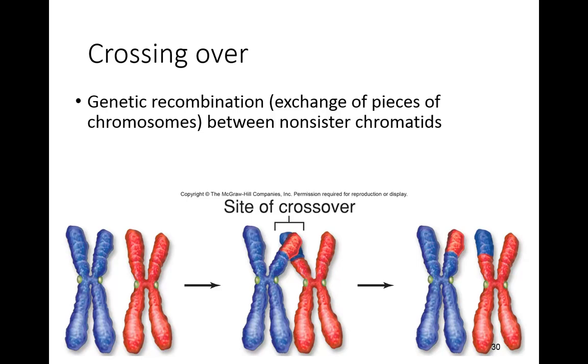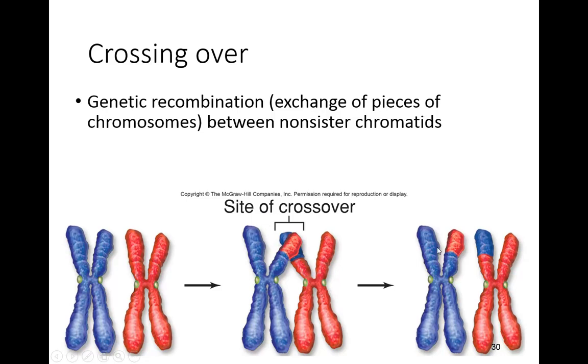There are 2 processes that lead to genetic diversity. One of them is called crossing over, and that's where you have a duplicated chromosome. One, say the blue one's from the mother and this red one's from the father. Parts of the chromosomes will swap, and that's called crossing over.